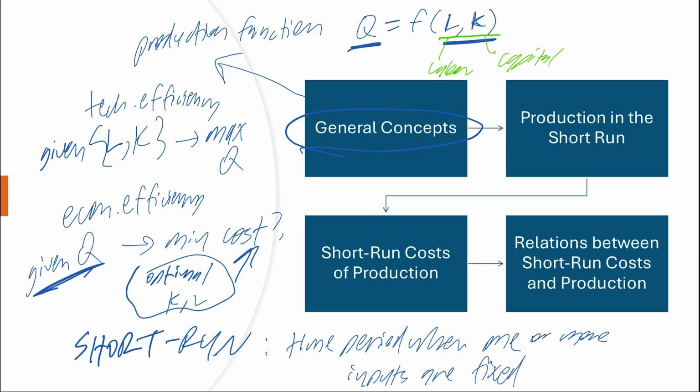The easiest way that we might look at this, as one example of thinking about fixed versus variable inputs, would be to think about capital being fixed in the short run and labor being the one that we can vary, the flexible input that we can decide to use more or less of. So why would capital be fixed for at least some period of time, which we'll call the short run? Well, it could be because there's an indivisible or lumpy amount of capital that we're buying.